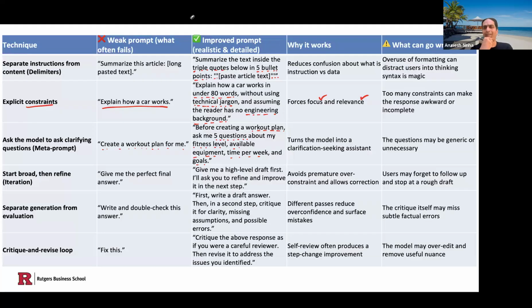So the LLM can become a clarification-seeking agent. Meaning it won't just output a response directly, but it will seek more clarification, more information, before it is able to generate a precise response. Of course, one drawback here is that the questions can sometimes be unnecessary or generic.